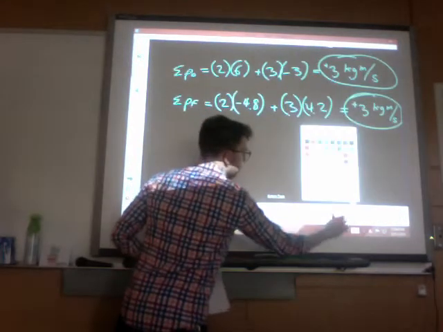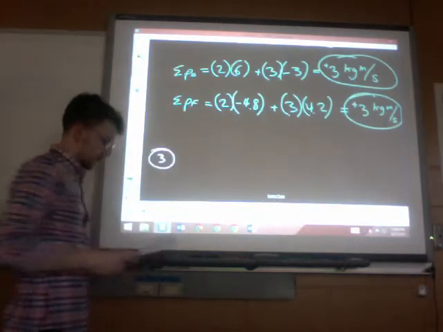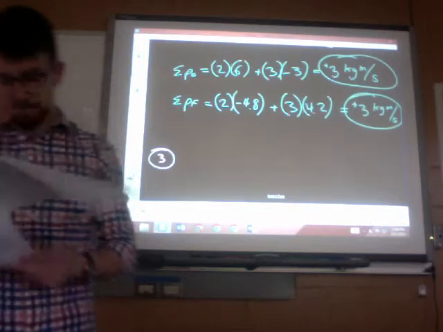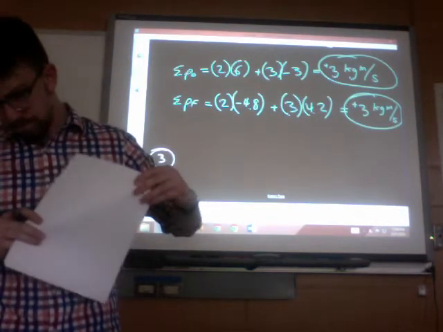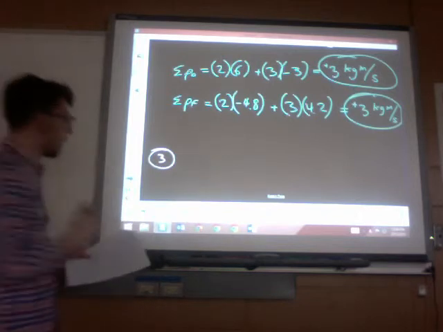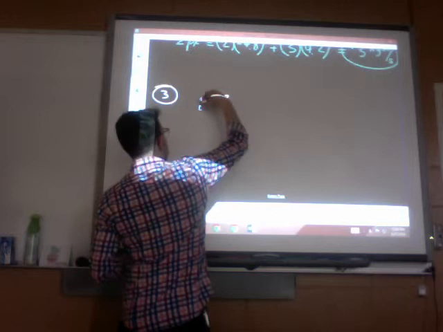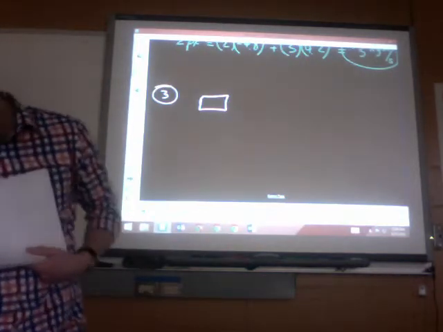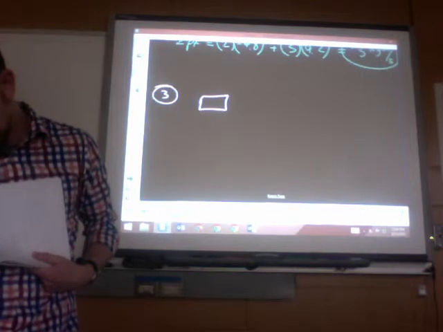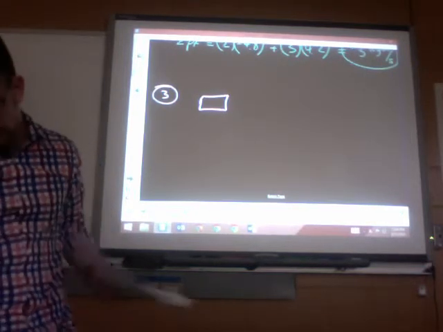Let's do that. We see that there's a problem about carts. We know that's the same picture. Yeah, now we should read the problem. Okay, a 2-kilogram cart is moving right with a velocity of 2, and a 3-kilogram cart is moving left with a velocity of 6.